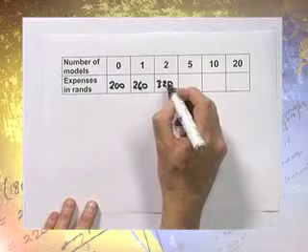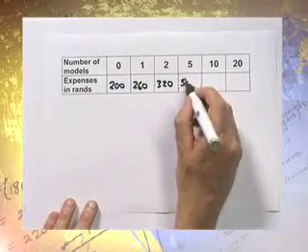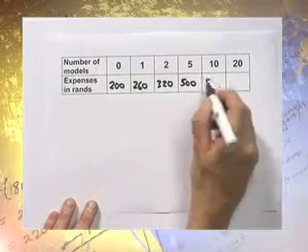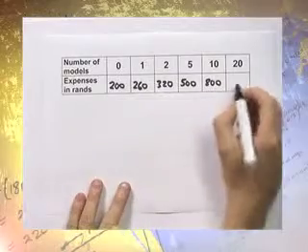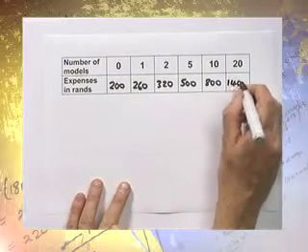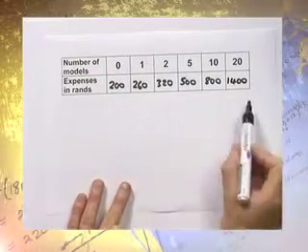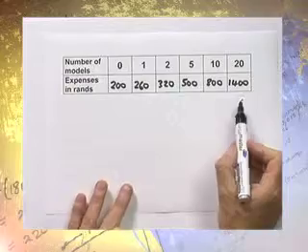For 2 models, the expenses would be that. Then it's 500 there, and then 800. And for 20 models, it's 1,400. Let's put this all into a table, and then let's draw the graph. So that gives us a lovely representation of his expenses.